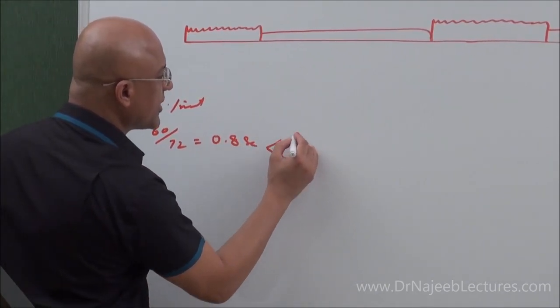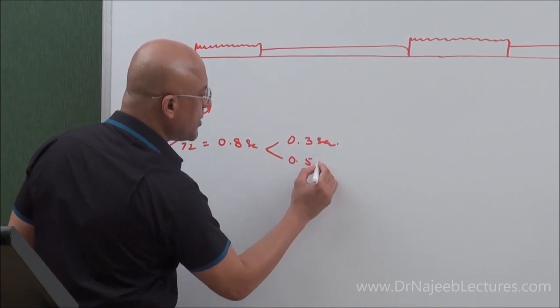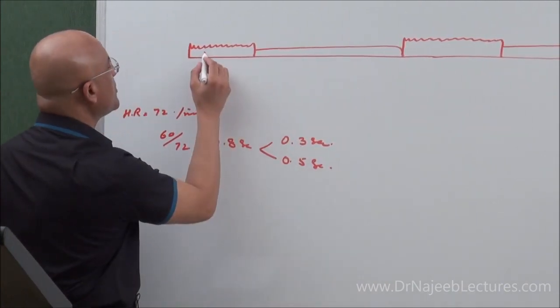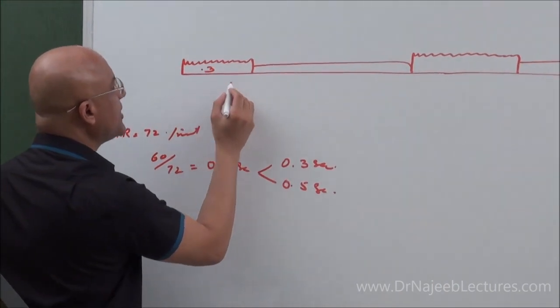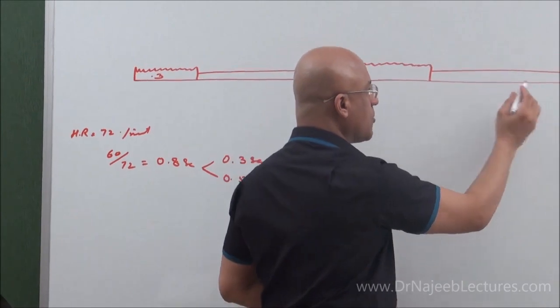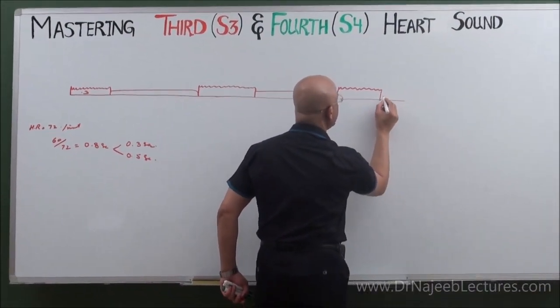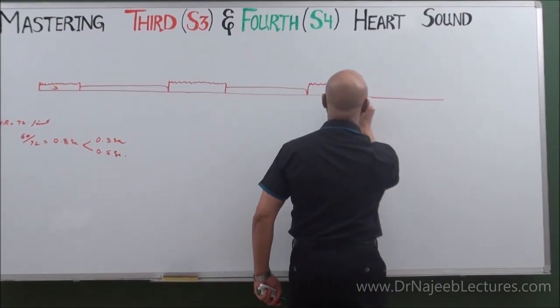Out of this 0.8 second, 0.3 second will be systole and 0.5 second will be diastole. So this is 0.3 second and here it is 0.5 second. Then again 0.3 second systole, 0.5 second diastole.